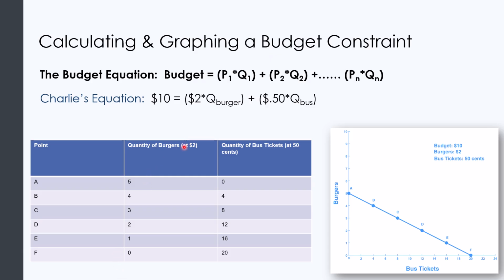The first way we can show it is through an equation. And in this case, the equation shows that our budget constraint line or budget constraint equation will be a function of the price times the quantity of each product that we are considering.